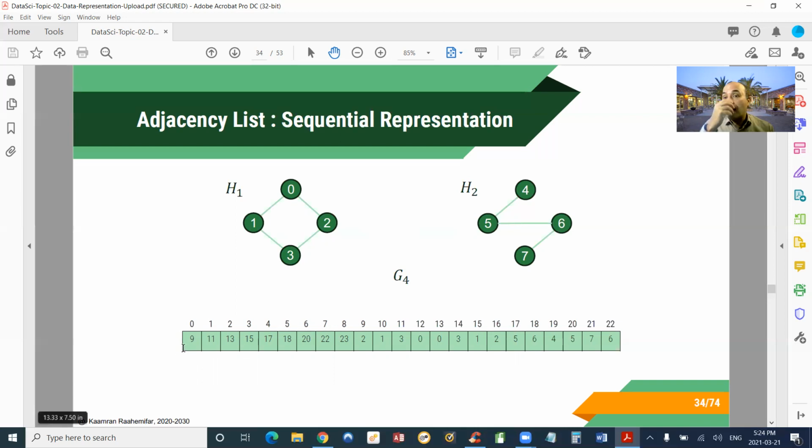So 8 plus 0, how many? You have 8 nodes plus 0. Then you're talking about 0 in cell number 9, and this is how you're going to put a pointer.